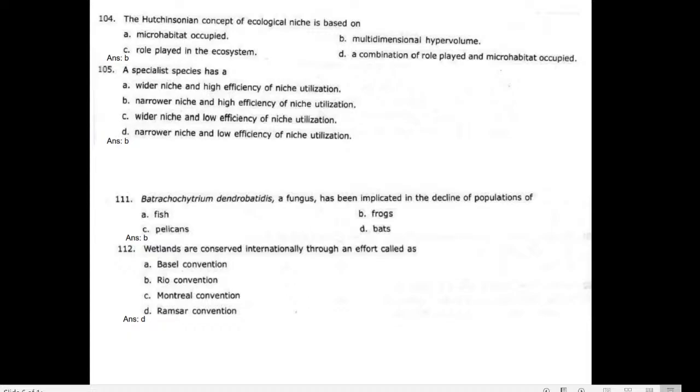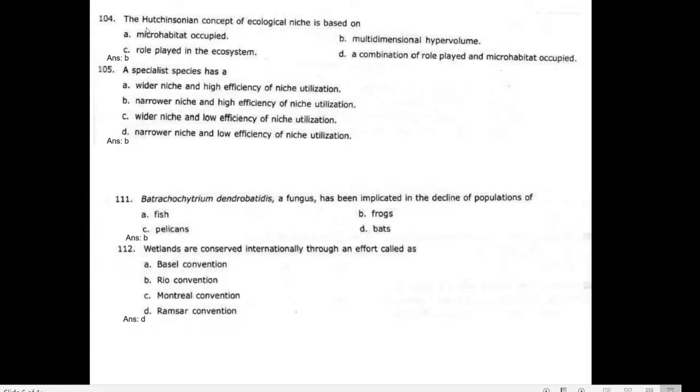We have terms like niche, node, era. I sent the notes in the Telegram group. In the ecosystem unit 11 and 12 there is a specific table for the niche concept. Just go through that niche concept.